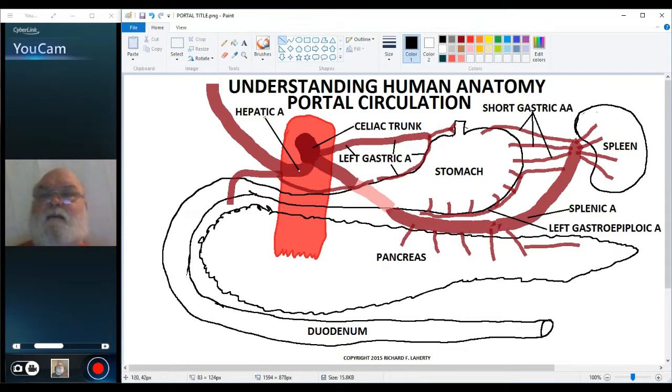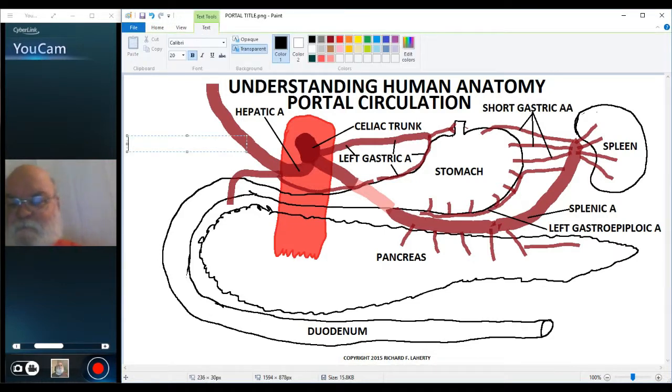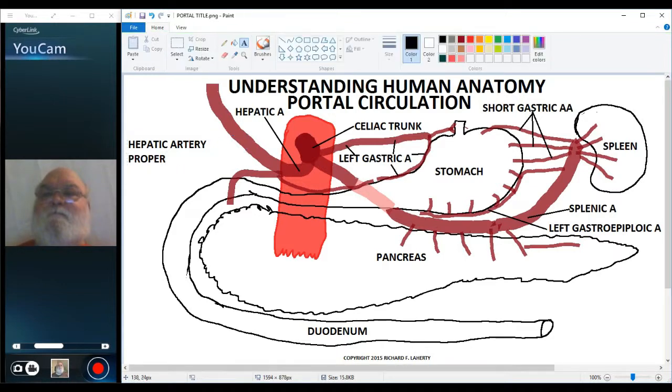Then that will divide into the hepatic artery proper. And that is here.